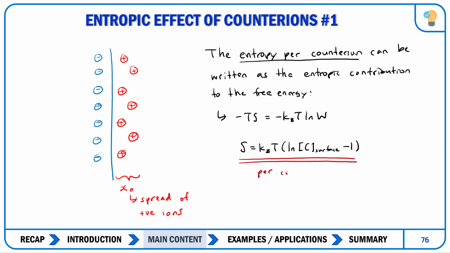And that's going to be per counterion per plate. And we're going to call this equation number 1.